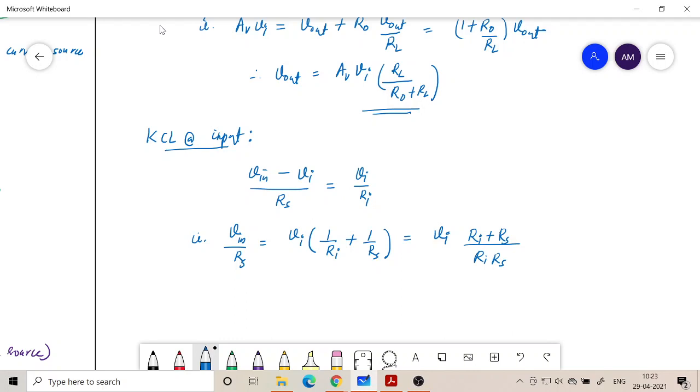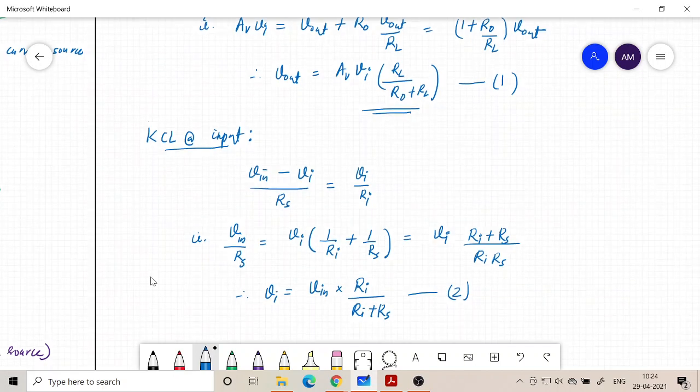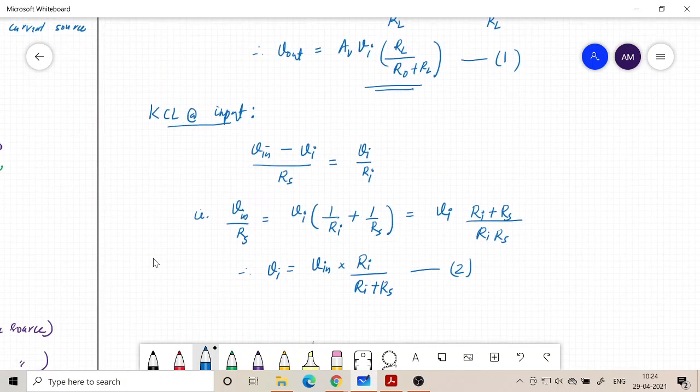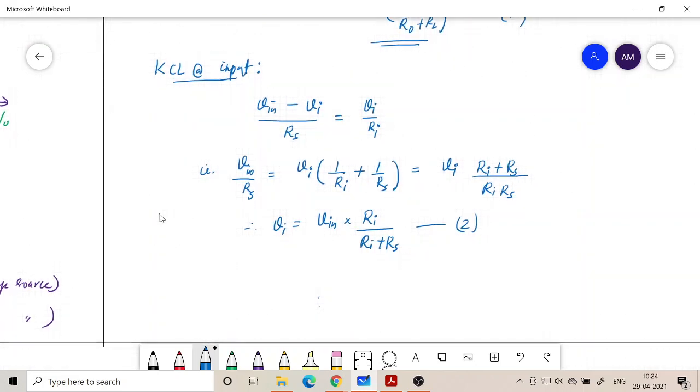You can now cancel RS from both sides, and therefore VI is basically V in into RI divided by RI plus RS. So this is equation 2, and the output side one is equation 1. Alright, so we got two equations. Now substituting equation 2 in equation 1, we will get the required result.